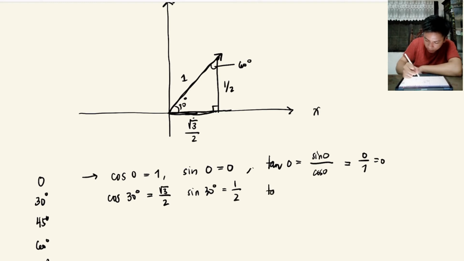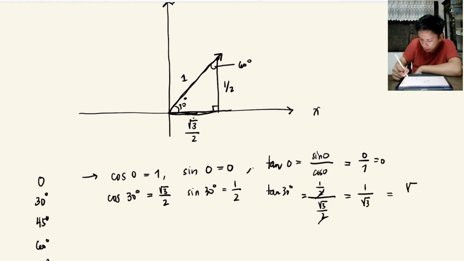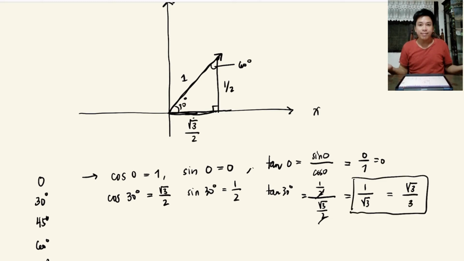So our tangent of 30 degrees is the same as sine, which is 1 half, over square root of 3 over 2. So cancel the 2 here. You'll have 1 over square root of 3, or this is the same as square root of 3 over 3. So that's the value. So see, we are not really using the scientific calculator for us to be able to solve the other special angles.